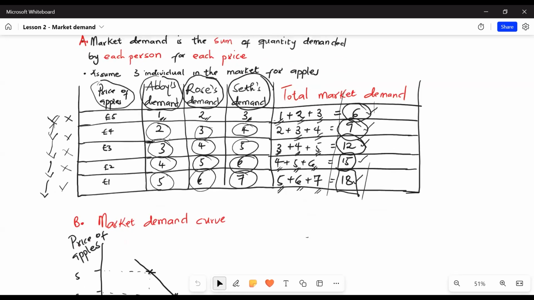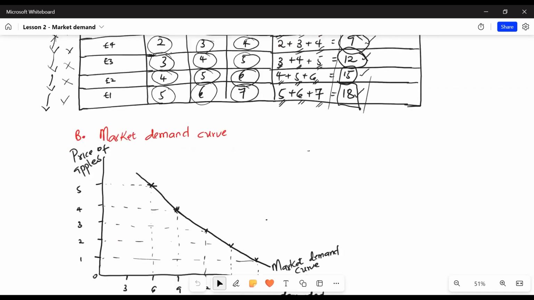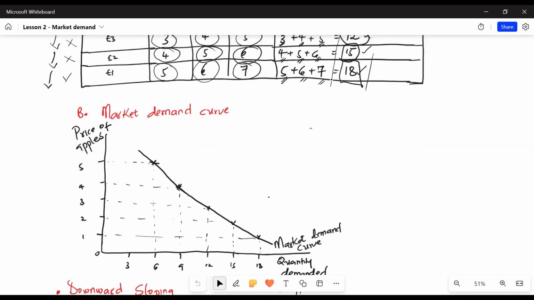Now, to use this information to draw a market demand curve, we have the various prices on the vertical axis: 1, 2, 3, 4, and 5. When price was 1, total market demand is 18, this point A here. When price increased to 2, total market demand reduced to 15.